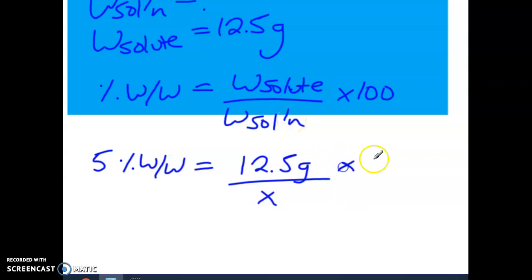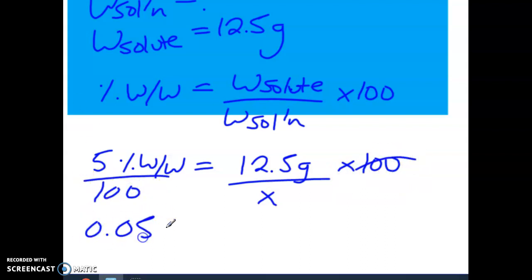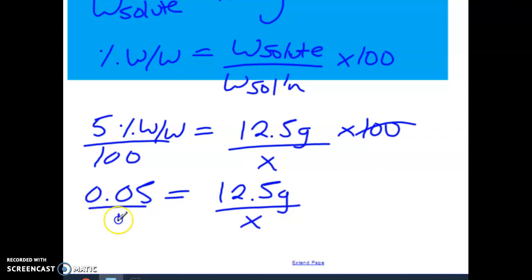You can keep the symbol if you'd like. The first thing we're going to do is divide by 100 to get rid of this. So we have 0.05 equals 12.5 grams over X. Essentially, it's kind of like cross multiplication, right? So these two are going to swap places. So X is going to be equal to 12.5 divided by 0.05. And I'll continue this in the next part.